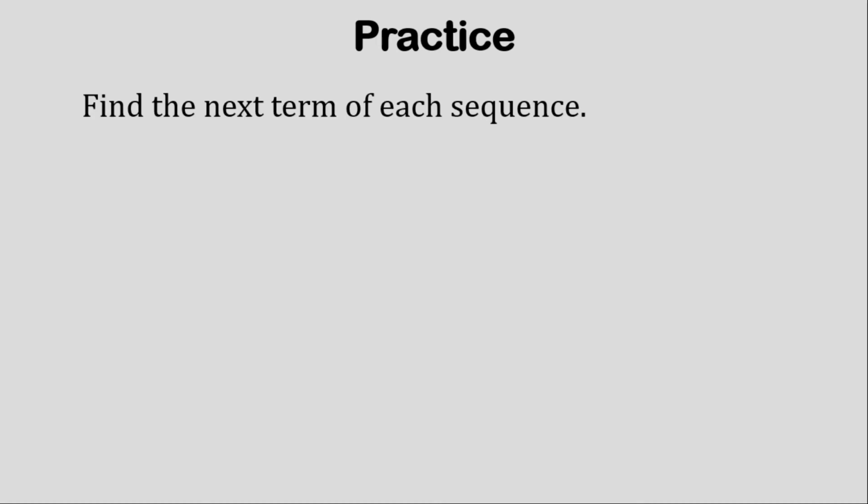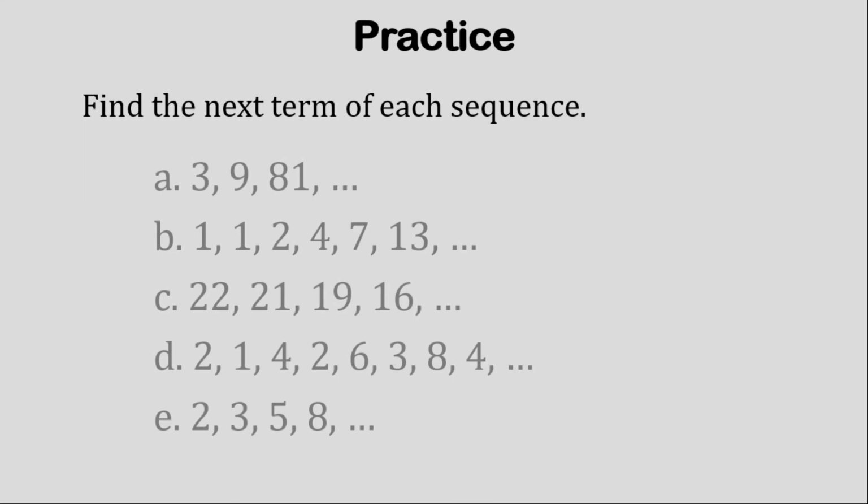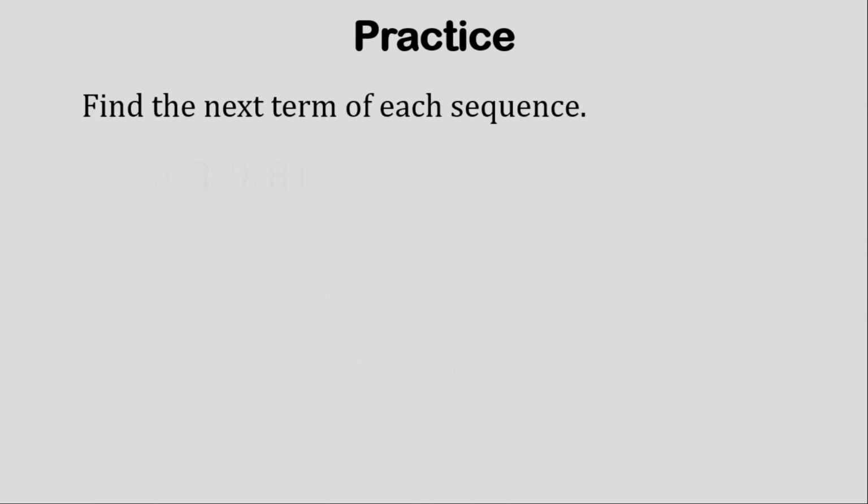Now the question is, find the next term of each sequence. So we have 5 sequences. So we just need to find the next term. Now let's consider this. 3, 9, 81. How can we get from 3 to 9?